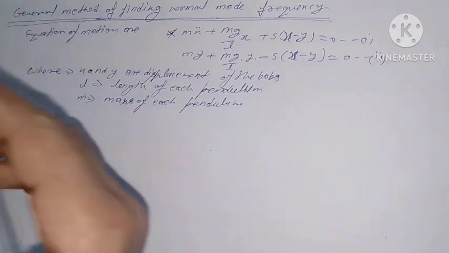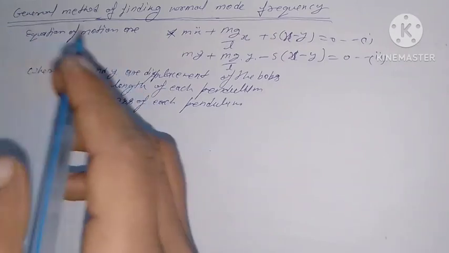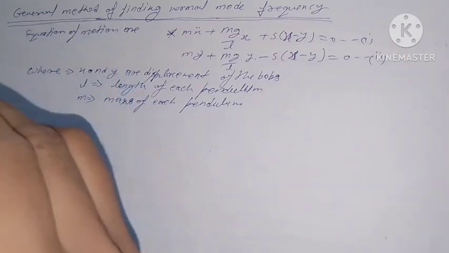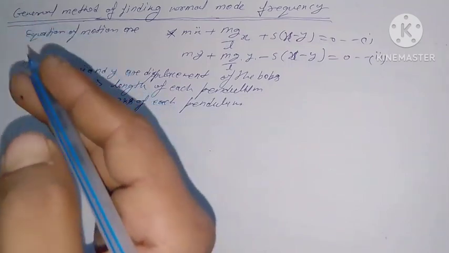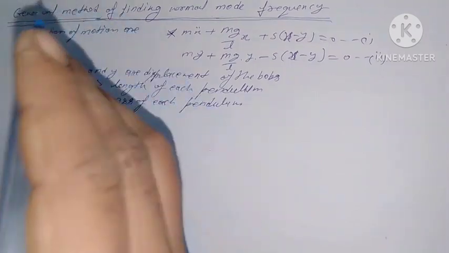Now, when a coupled system oscillates in a single normal mode, each component of the system vibrates with the frequency of that mode.